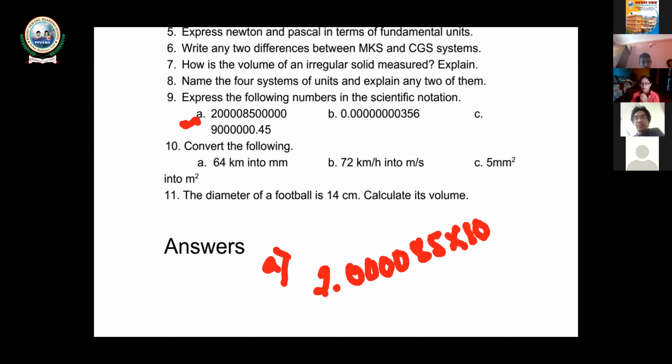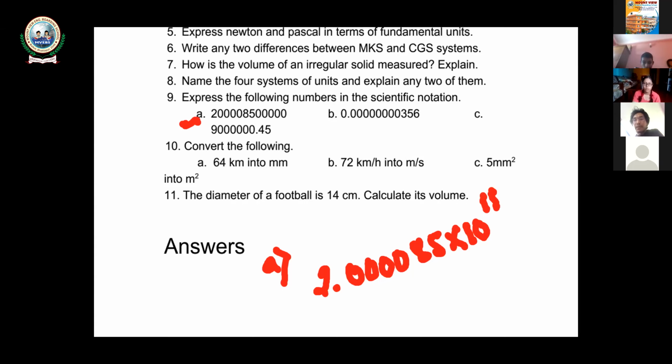So you have 50 at last, 5, then 6, then 8, 7, then finally 0, 40 after 2, that means 11. Then it will be 2.00085 into 10 to the power 11. So we are solving question number 9a, converting this number into power of 10.